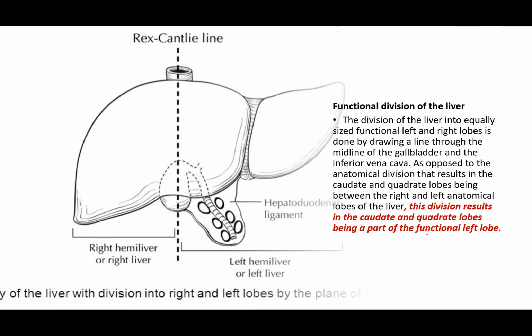You should know that functionally, the liver is divided into 2 by a line that is termed the Cantlie line. It is termed the Cantlie line.